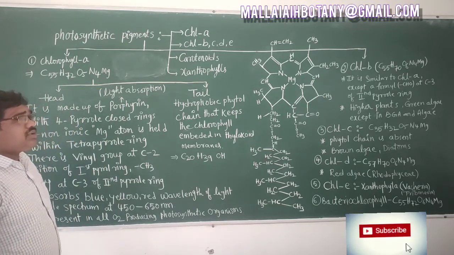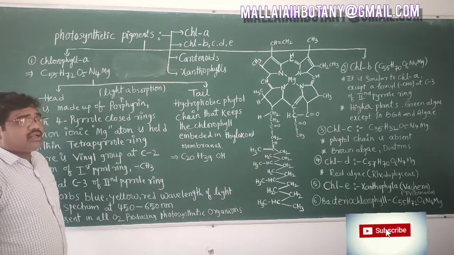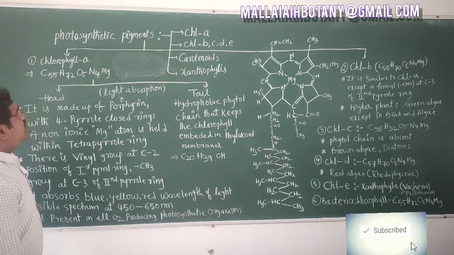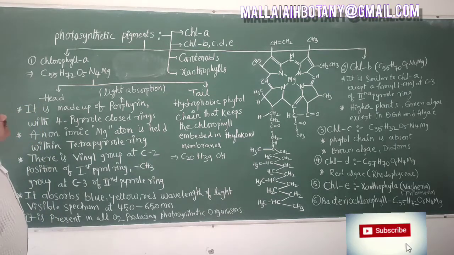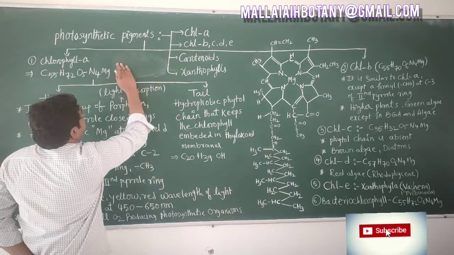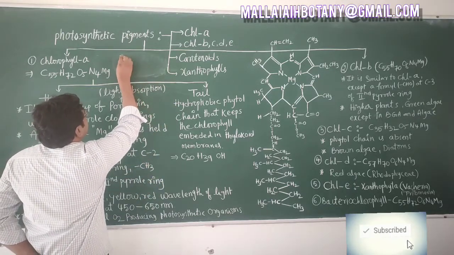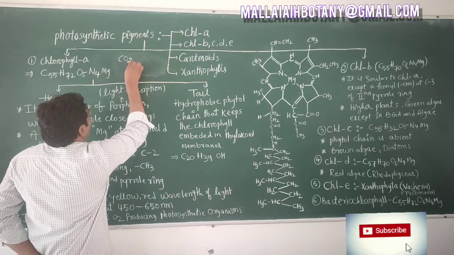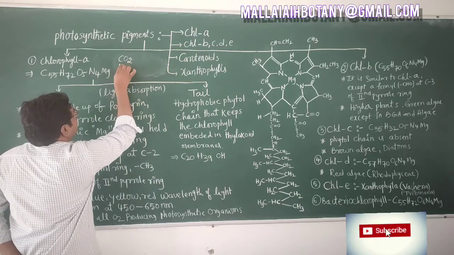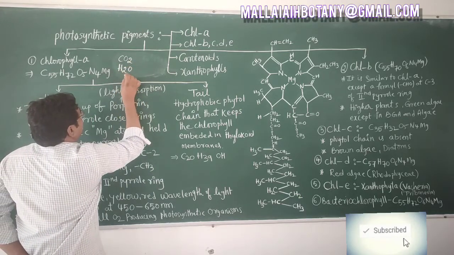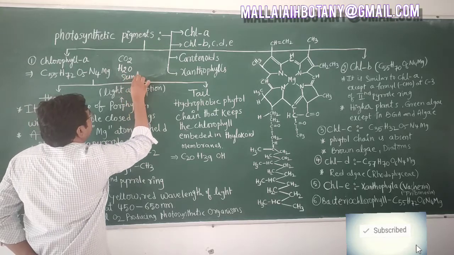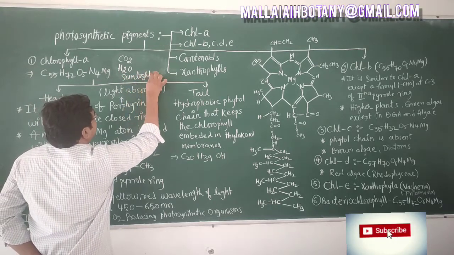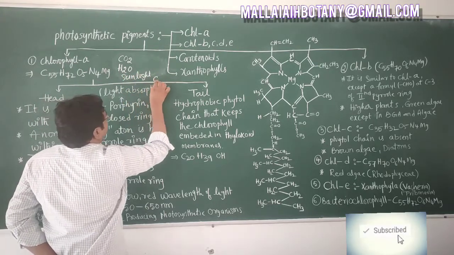So, when photosynthesis takes place, what are the requirements of photosynthesis? Photosynthesis requires carbon dioxide, water, sunlight and chlorophyll.